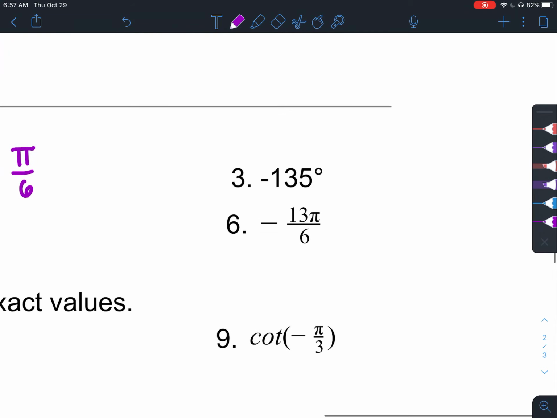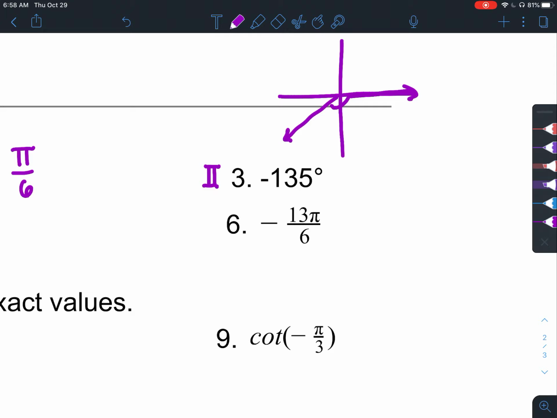Okay, so now we have a negative angle, so negative 135. That's going to be in the third quadrant. So here's negative 135, and I want this angle right here.